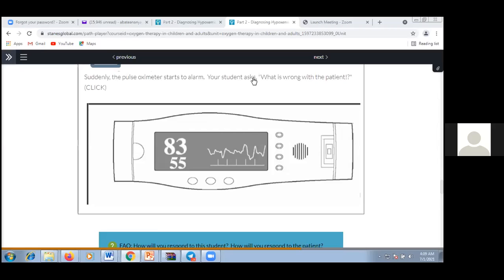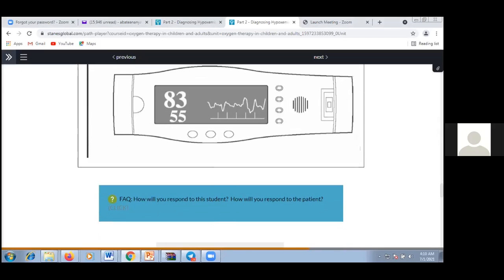So maybe Dr. Mahalet, can you comment on this? You have seen most of our participants are saying this is an incorrect reading because the pulse ox waveform is not good. So can you comment on that? You know, this is a common experience in our setup. Yes, so everyone has correctly mentioned most of the things.